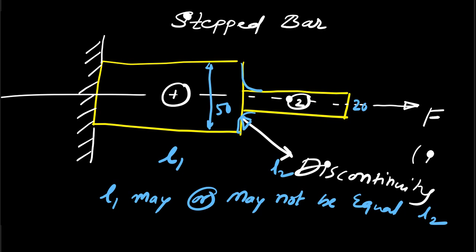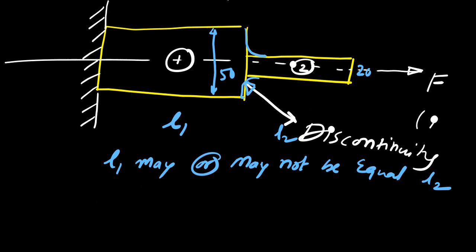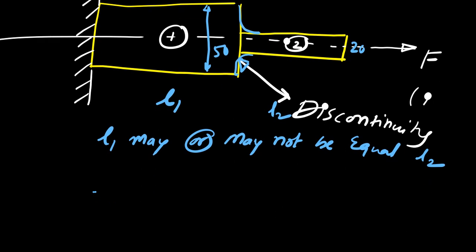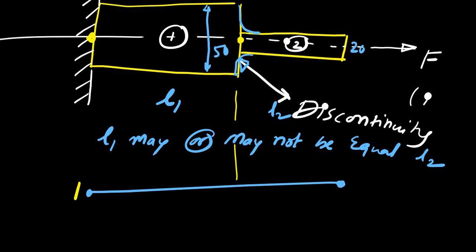In that case, how can you define the nodes? For the entire bar, draw a discretized element. This is node 1 at the fixed end, and from here it will be node 2, at this area, and now at the end it will be node 3.